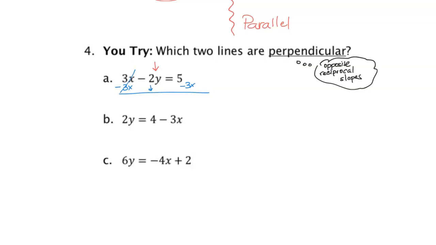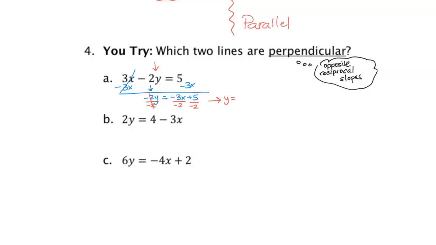We're left with negative 2y equals negative 3x plus 5. Divide by negative 2. So we're left with y equals, this is negative 3 over a negative 2.